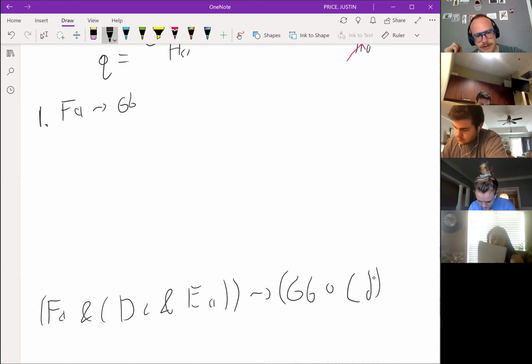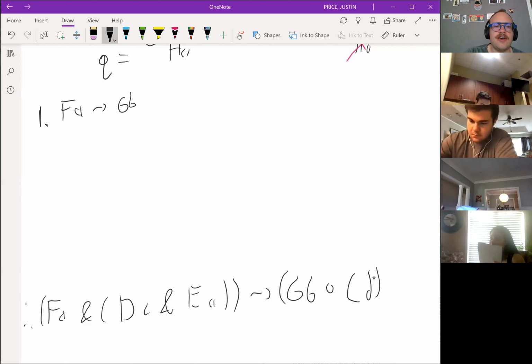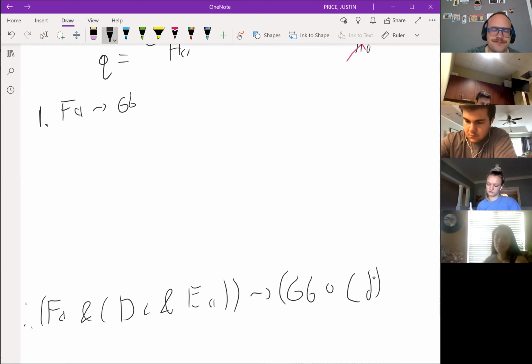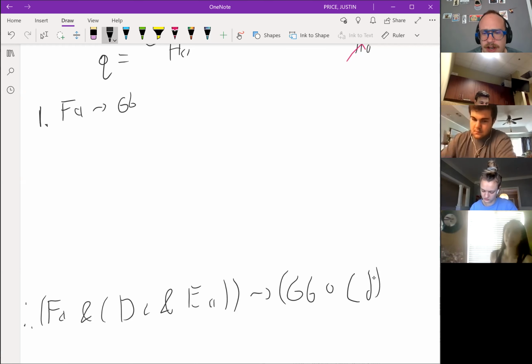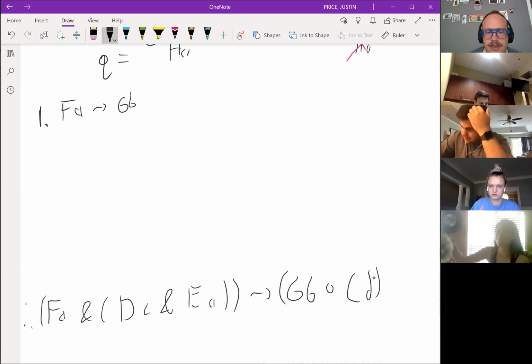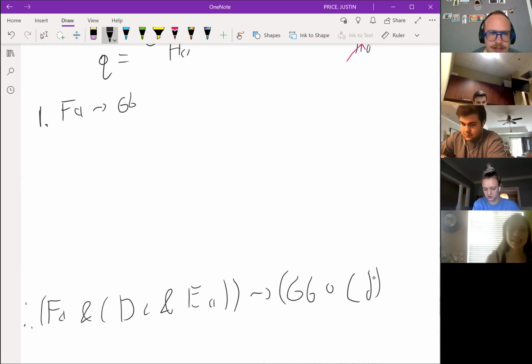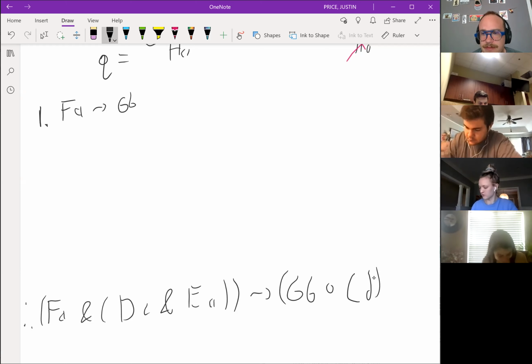Okay, so this one is sort of similar to what Judson is talking about here. We've got a premise that's a lot smaller than this huge conclusion, but we've only got one premise, and a lot of those atomics aren't in the premise, right?